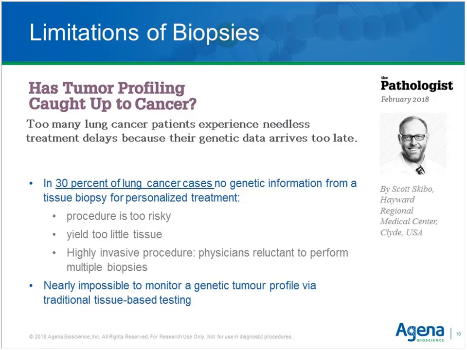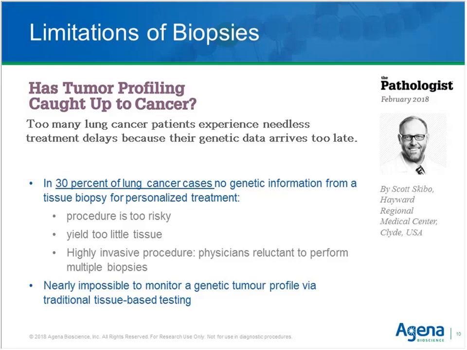Another limitation is the sheer availability of tissue biopsies. In a recent article in The Pathologist from February this year, the author summarized that too many lung cancer patients experience needless treatment delays because the genetic data arrives too late. That may be due to the technology being used for the analysis.